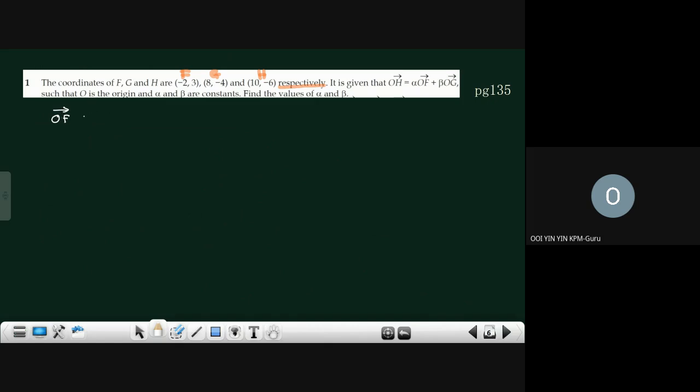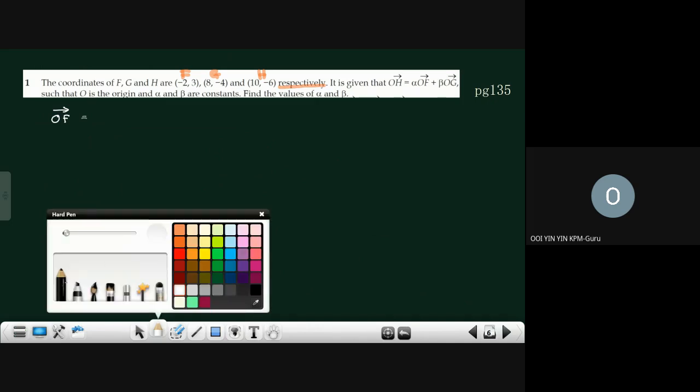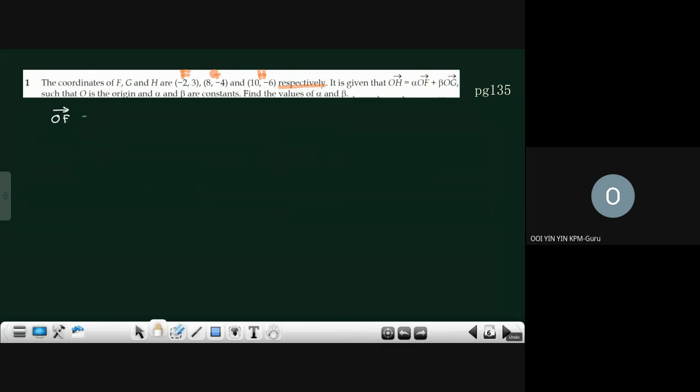Following the coordinates -2, 3, it is -2i plus 3j.